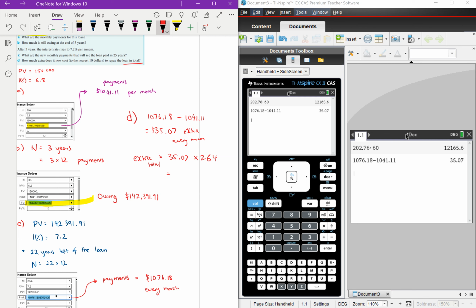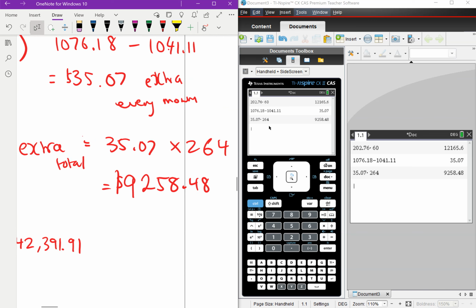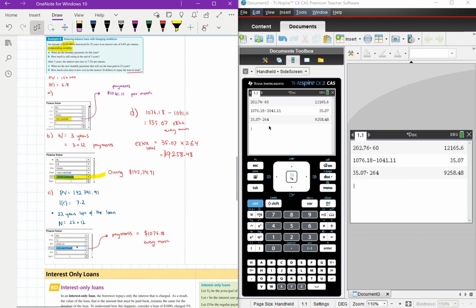And let's go back to my CAS over here. Multiply by 264. So that tells me over those 22 years, I've paid an extra $9,258.48 than what I should have. If the interest rate hadn't increased, if it had stayed at 6.8, but by increasing to 7.2, that's how much I have to pay extra over 22 years.